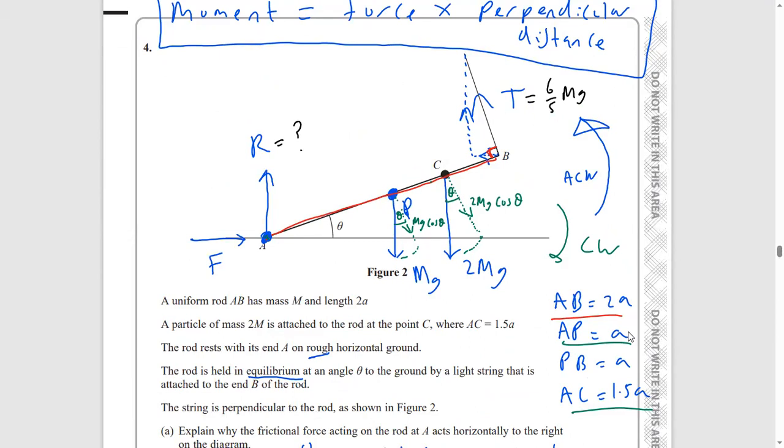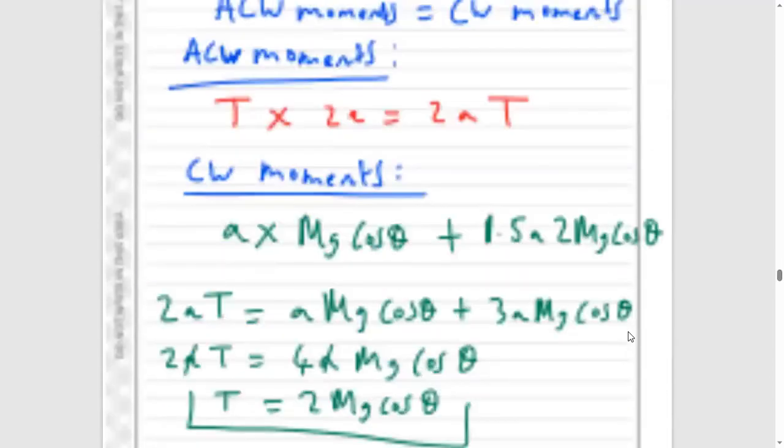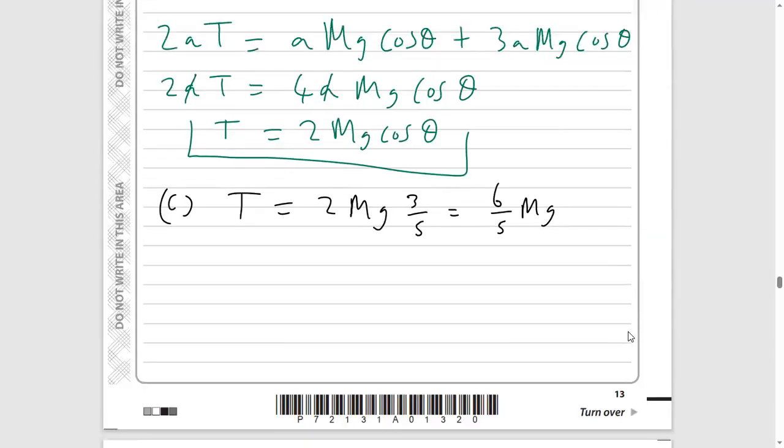So forces going upwards equals forces going downwards. We just got to resolve the vertical forces because we know the tension, we know the two weights going downwards. We just want to find the upwards R force. So with this question, we're just going to resolve the forces vertically. So again, everything's in equilibrium.